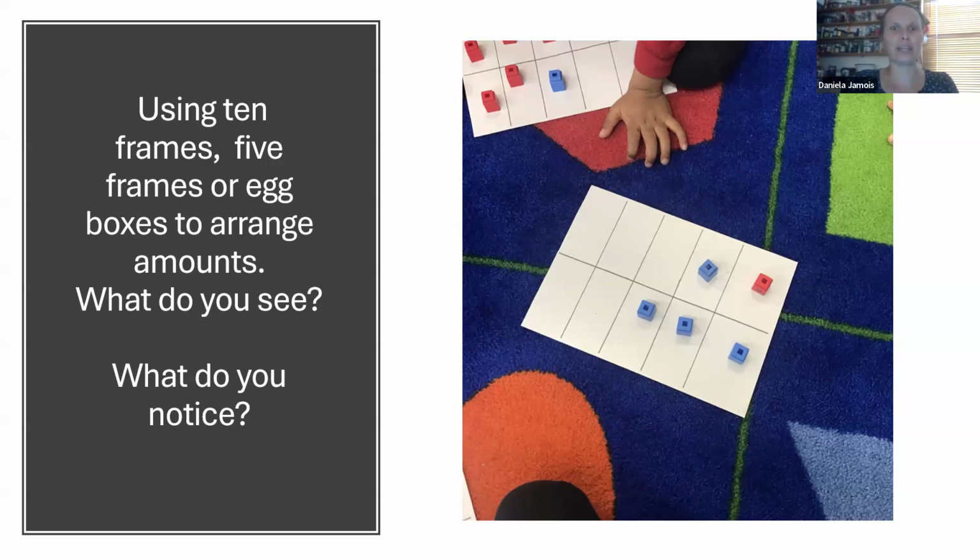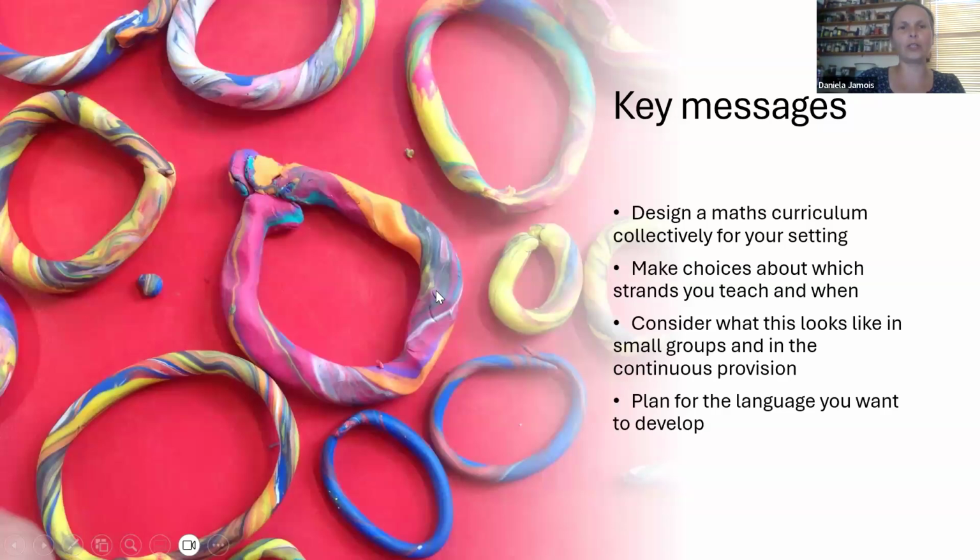You're validating what they can see and saying, yeah, I can see that. So opportunities for children to arrange, to take apart, to put back together. So we're building on the ideas that we looked at last time.